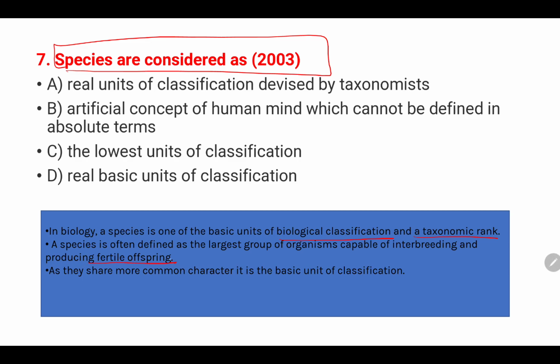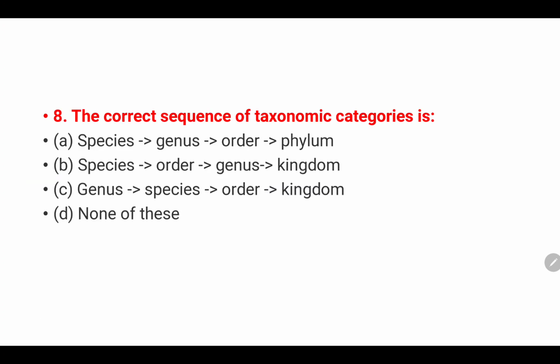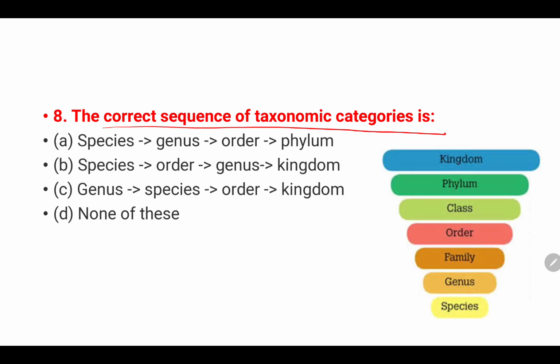And they produce a fertile offspring. And they share more common character, and it is the basic unit of classification. So, the real basic unit of classification is species. Option D.